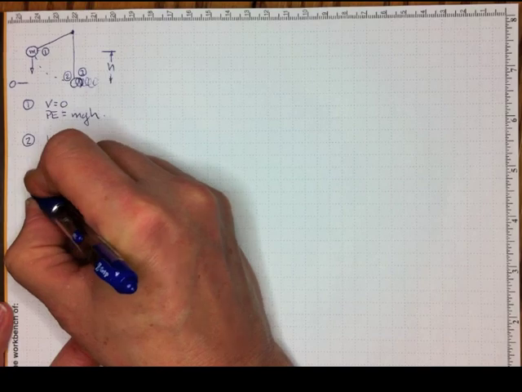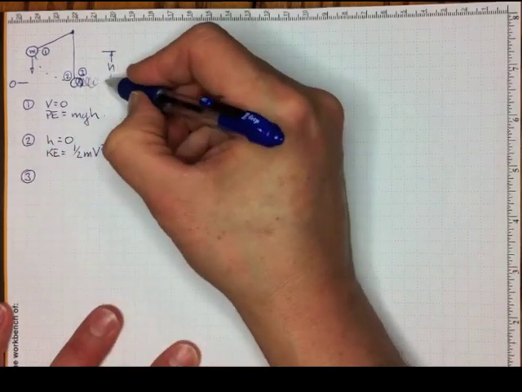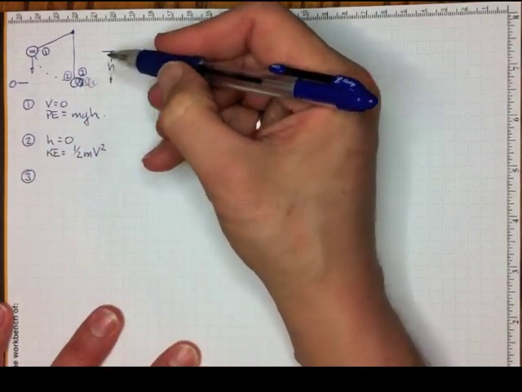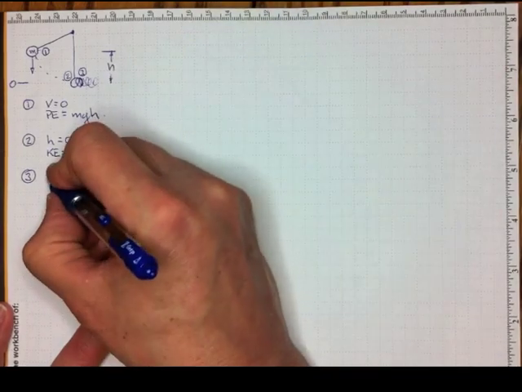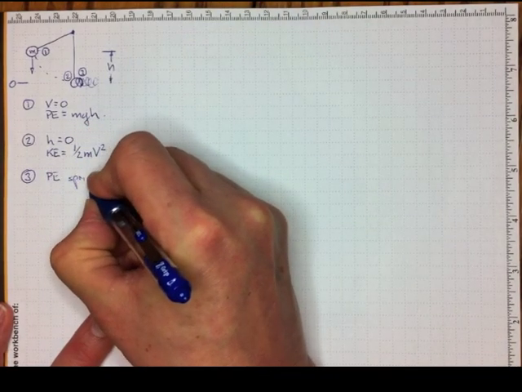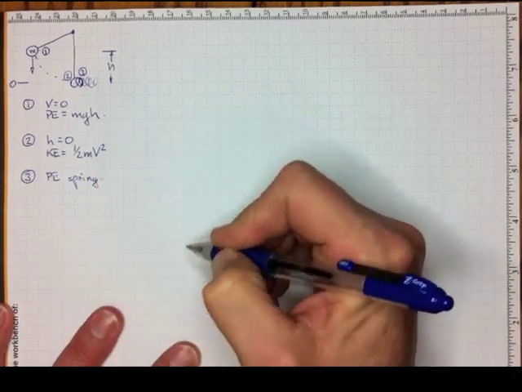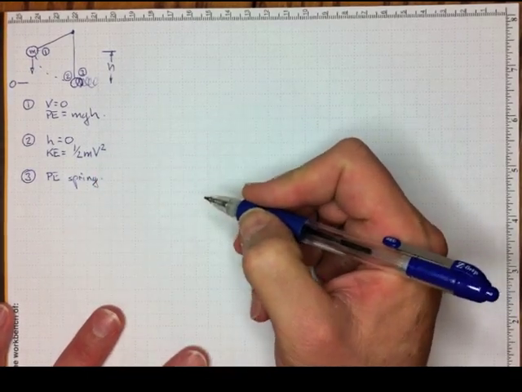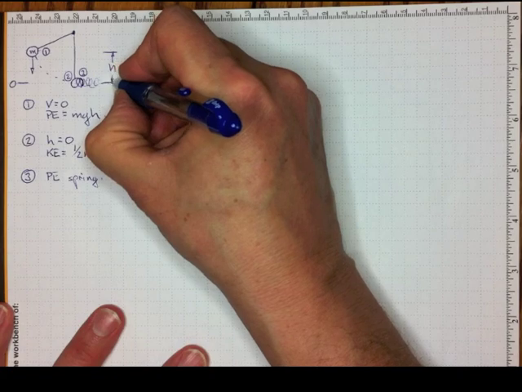Then when we move to location 3, we've compressed the spring, we've done some additional work, we've got potential energy stored in the spring. And the details of that will depend on the spring constant and other factors.